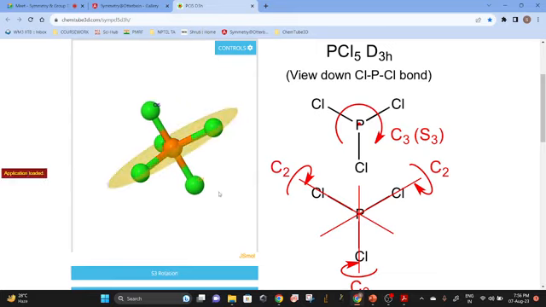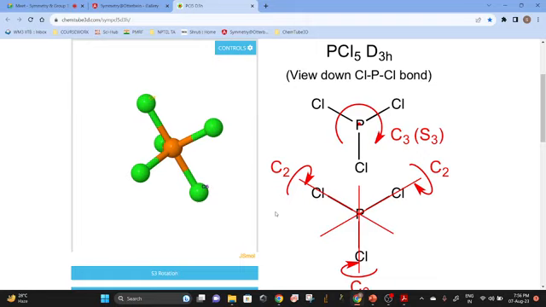Simply because these two axial bonds are same, they can get reflected, and S3 means 120 degree rotation. So we don't have S6 here. S6 would have meant 60 degree.